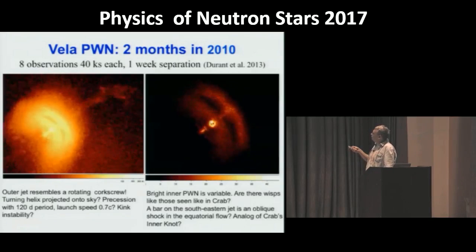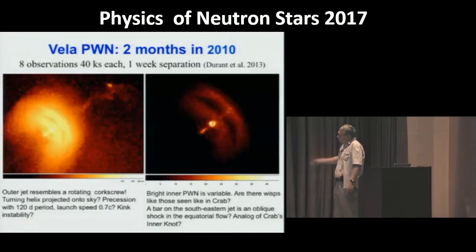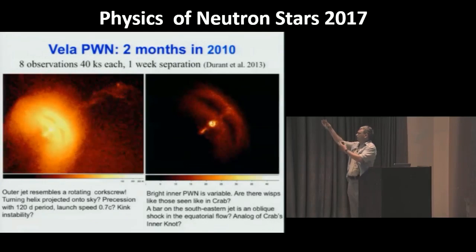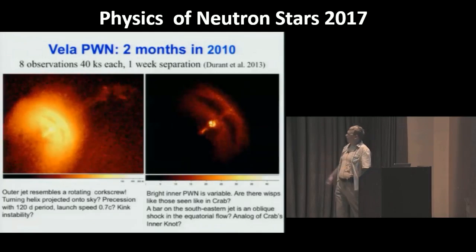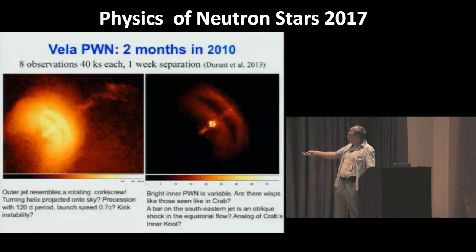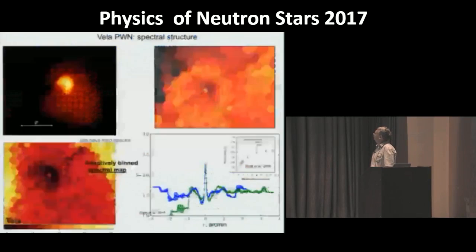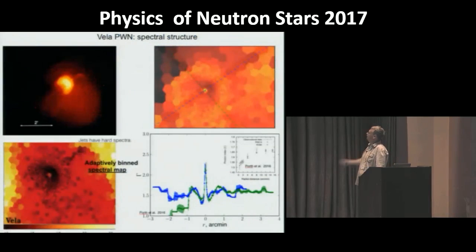Now, what's the reason for this apparent rotating helix? Well, there can be two reasons. One is the kink instability that persists there and behaves in a more or less regular way for the time that we observed, or there can be a precession of the source of the jet, of the neutron star. I'm not going to go into that possibility. The inner nebula is also variable, but there's no time to quantify those details.